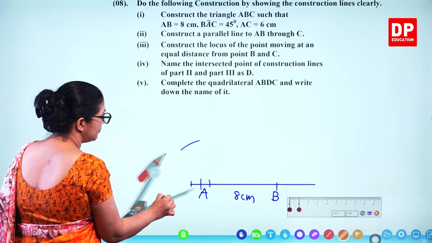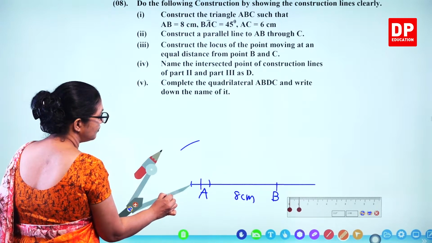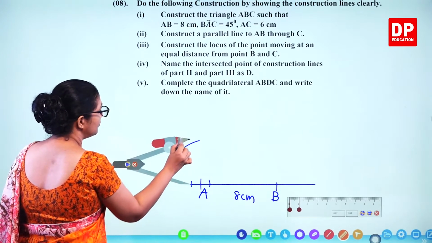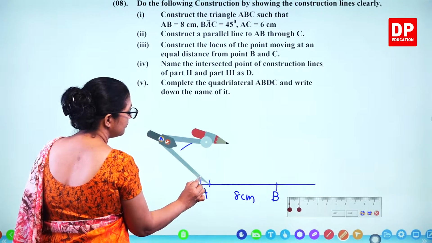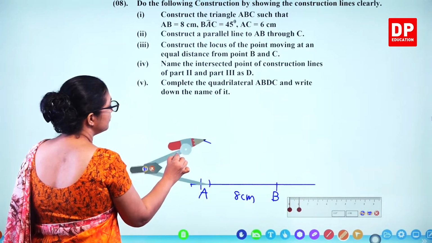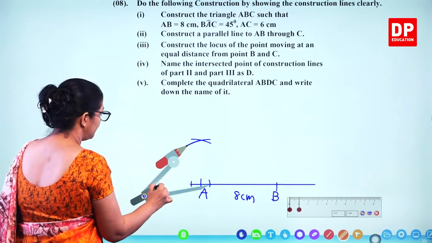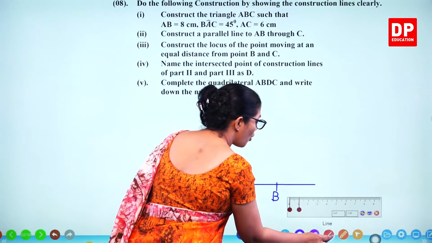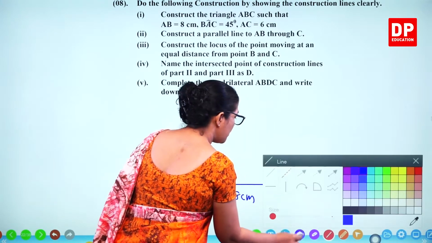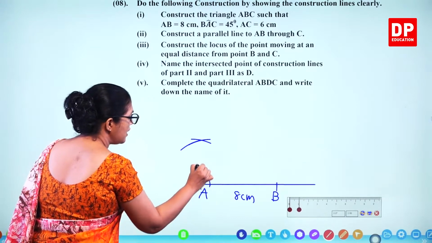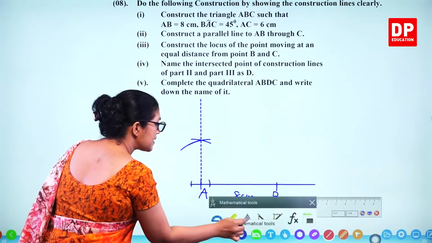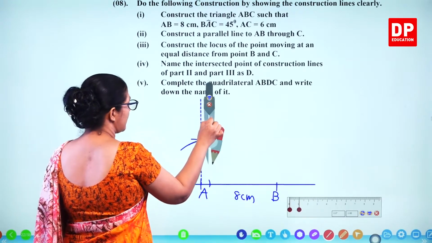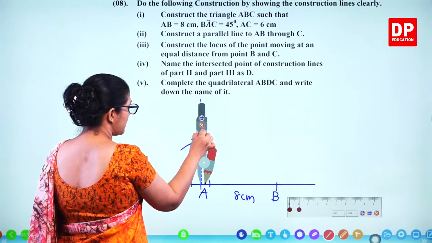Now we'll draw the 90 degrees with a broken line because you don't need that. So this is 90. Now we have to bisect the 90 degree angle to get 45.